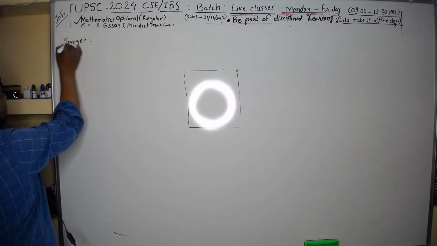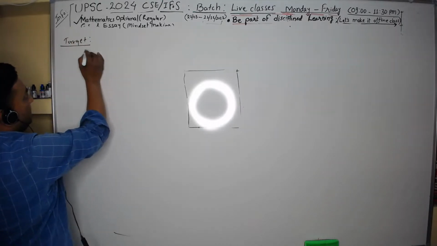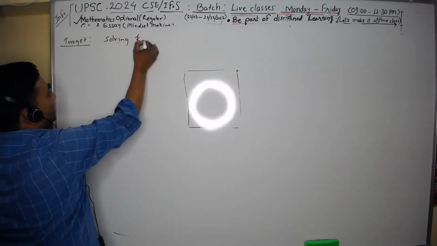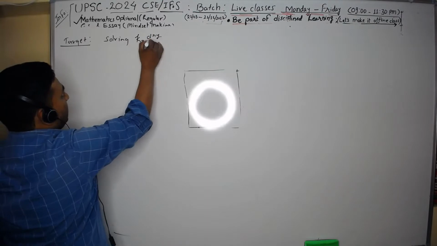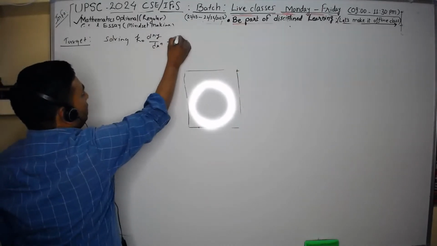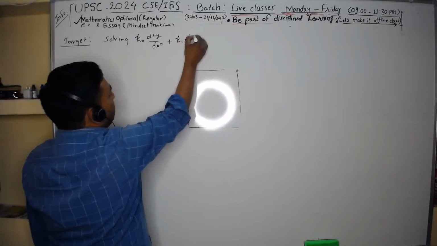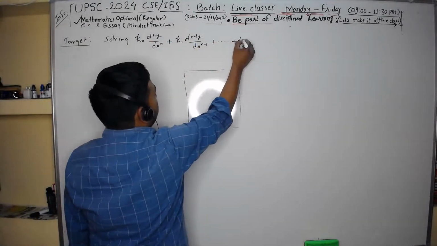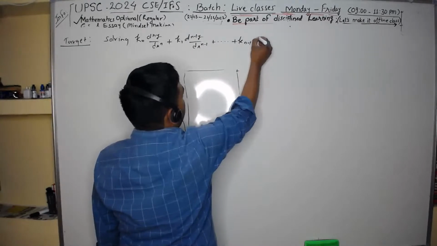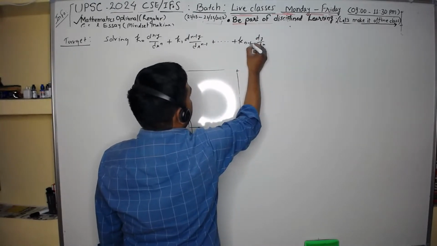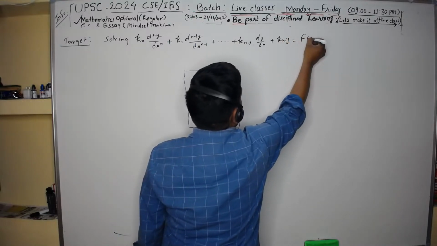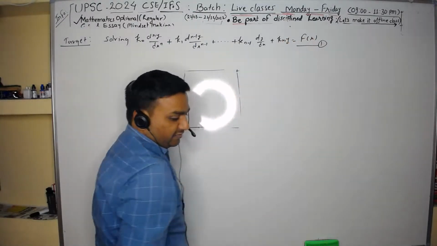What was the target of the class when we started? The target was solving the differential equation k0 d^n y over dx^n plus k1 d^(n-1) y over dx^(n-1) plus ... plus k(n-1) dy over dx plus kn y equals some f of x, right?